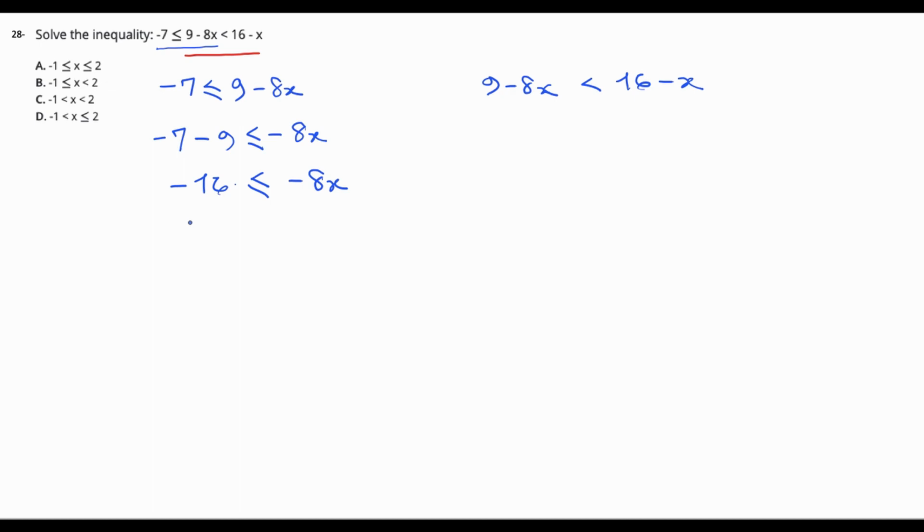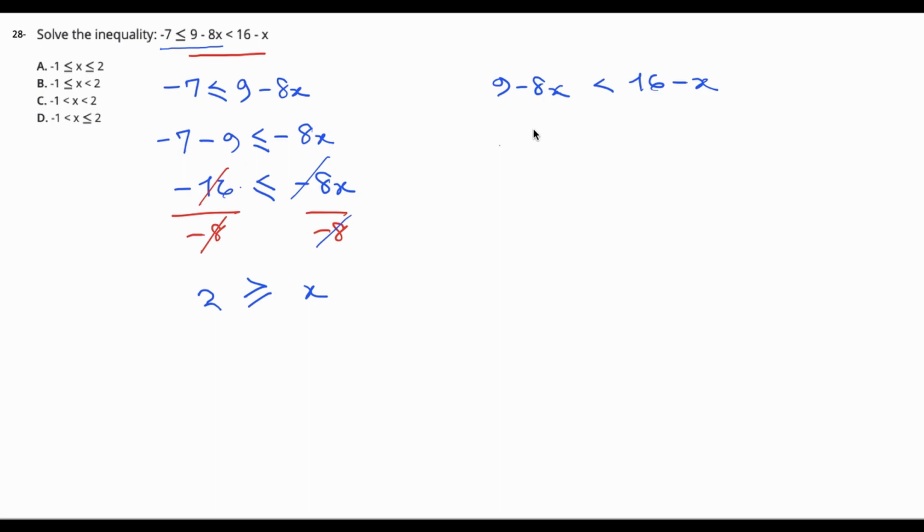So if we divide both sides by minus 8 to make x the subject of the formula, we'll have minus 8 over minus 8. So this cancels out to give us 2. But because we've divided both sides by a negative number, our inequality is going to change from less than or equal to greater than or equal to, and minus 8 cancels out minus 8 here to leave us with x. So we've gotten our answer to the first part of our equation.